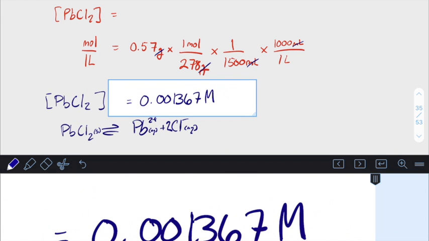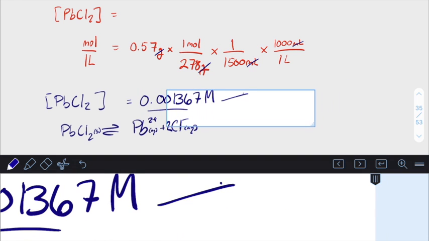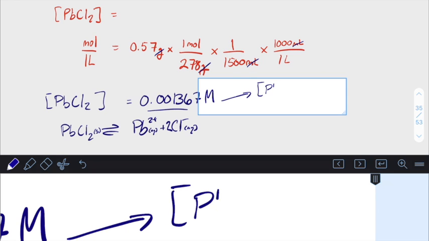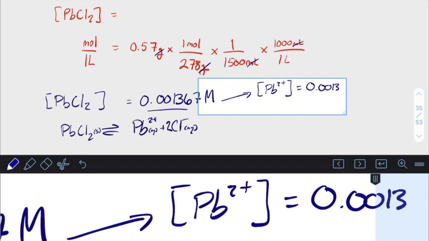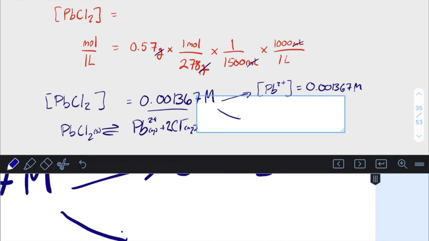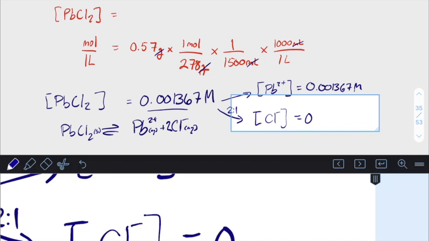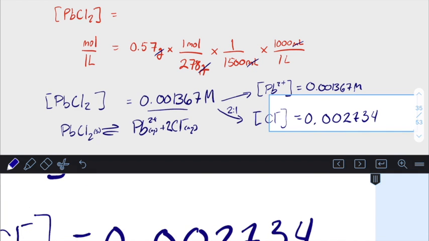Whatever my concentration is here, I'm going to get the same concentration for lead, because that's a 1-to-1 ratio: 0.001367 molar. But for my chlorides, it's a 2-to-1 ratio, so my chloride is going to be twice that: 0.00274 molar.